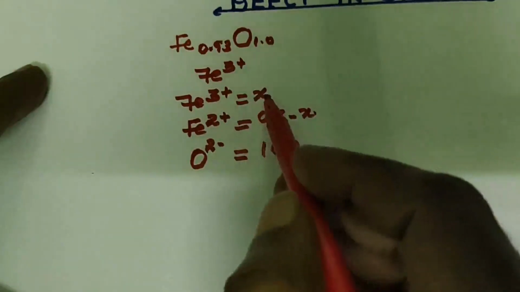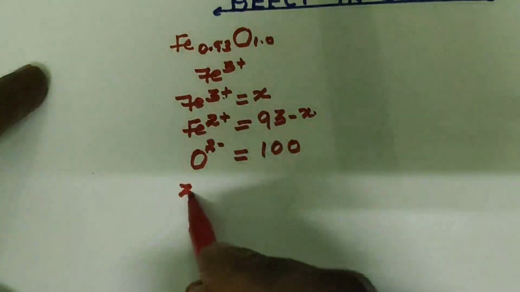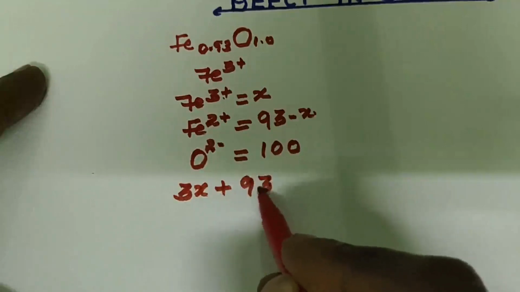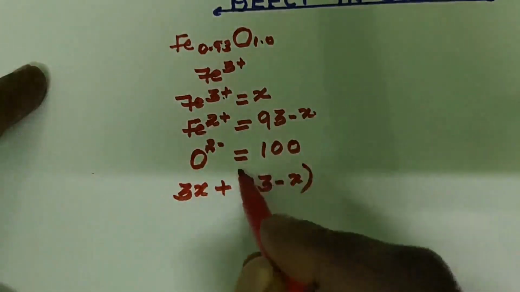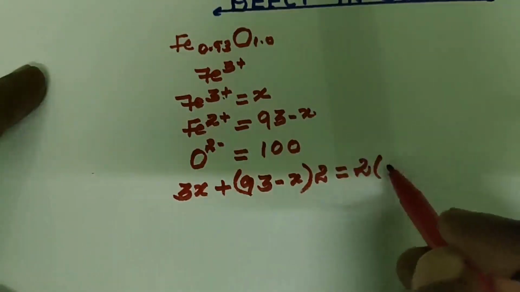Fe has oxidation state +3, so 3X plus (93 minus X) into 2 is equal to 2 into 100.